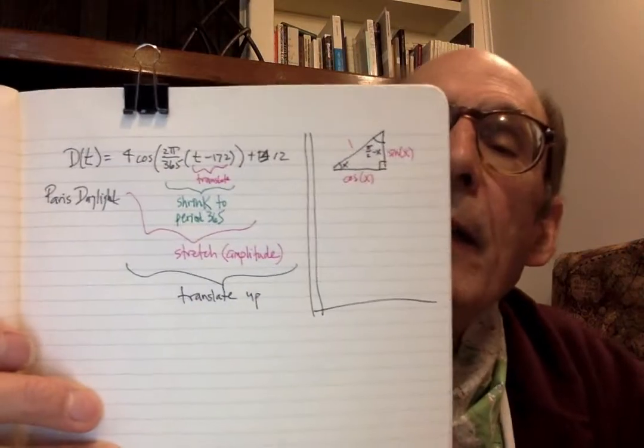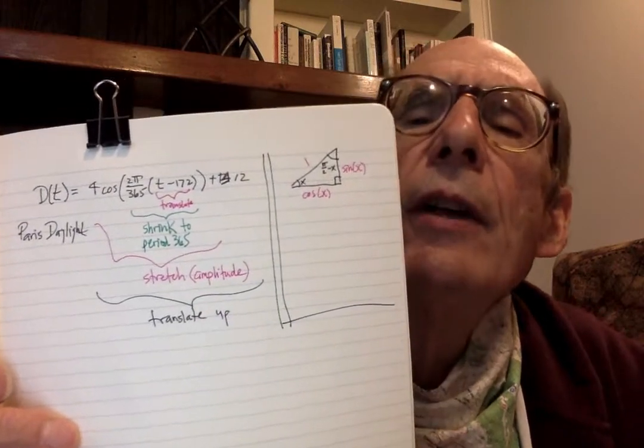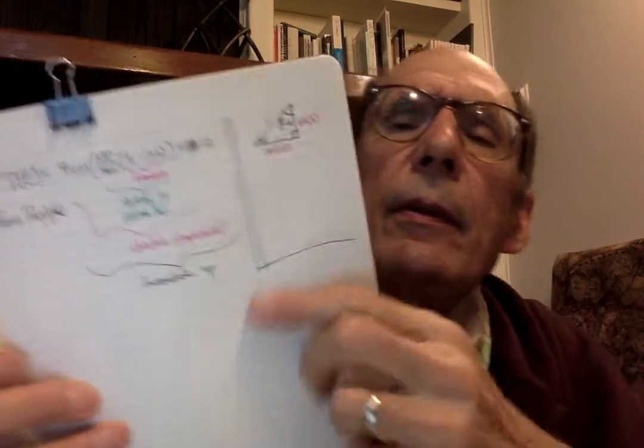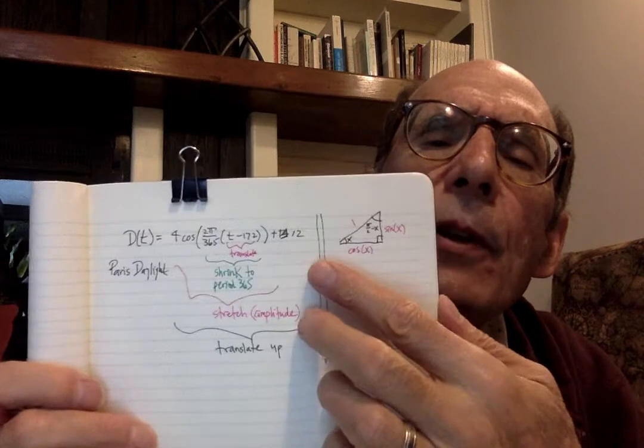Okay, and I'm going to label the sides of this triangle. The hypotenuse is 1, and that makes the bottom side, I'll show you in a second, cosine of x, and it makes the top vertical piece the sine of x. So those are the definitions of the functions. The sine is opposite over hypotenuse.